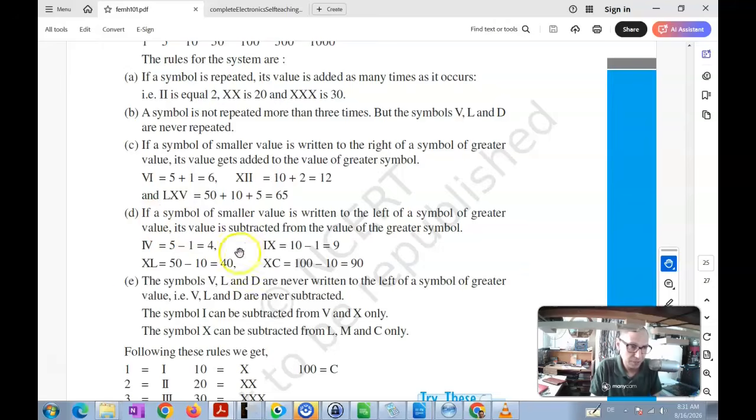But in the Roman number system, it's based on the additive principle and so many rules and regulations, and when you bring in those rules, you have to bring in exceptions as well. And these are the exceptions.